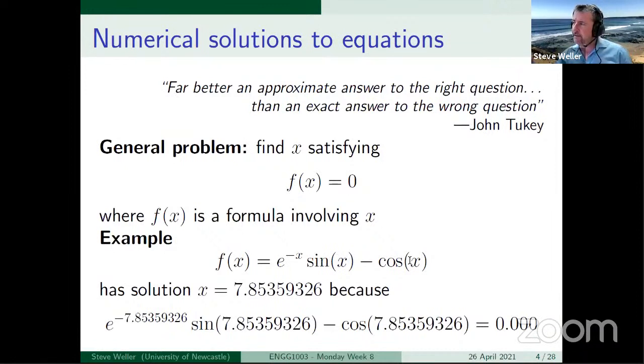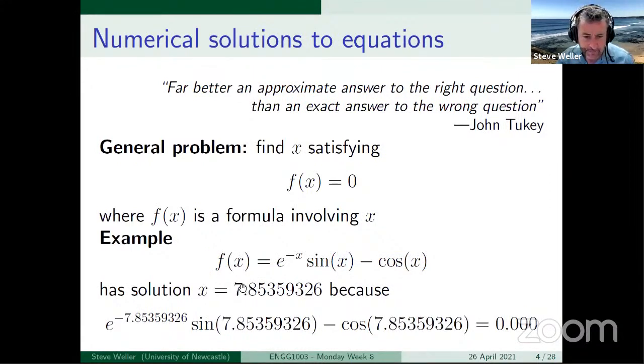It means finding a value such as this one here, x is equal to 7.85359 and so on. That x is equal to 7.85... is a solution of that equation, f(x) is 0, because if we take this value of x and substitute it into that equation, we get 0.